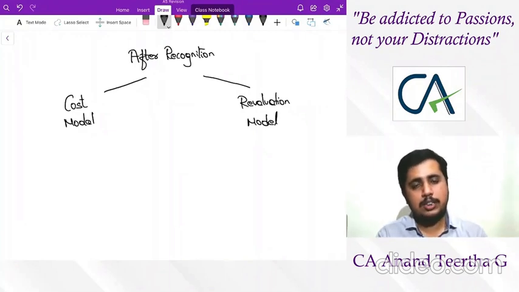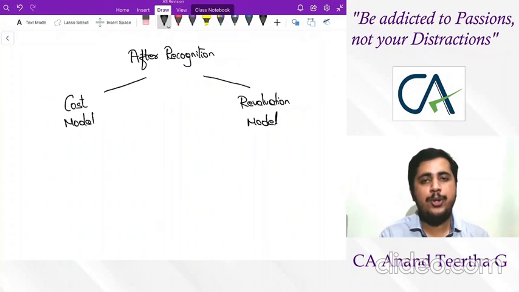Now, in the cost model and revaluation model, how do you calculate the subsequent value of the asset?